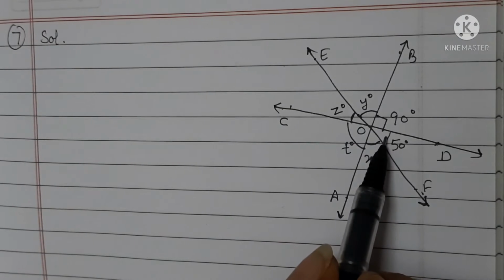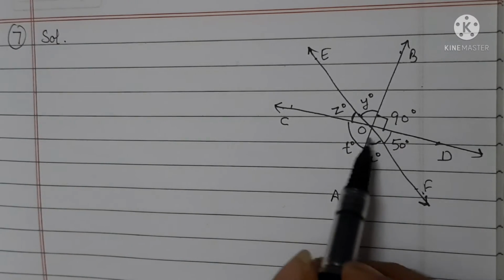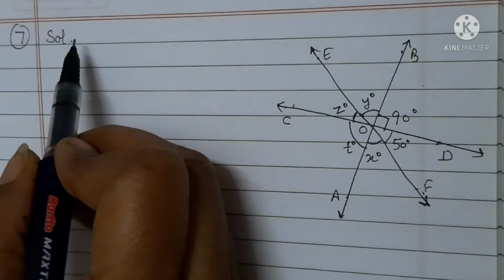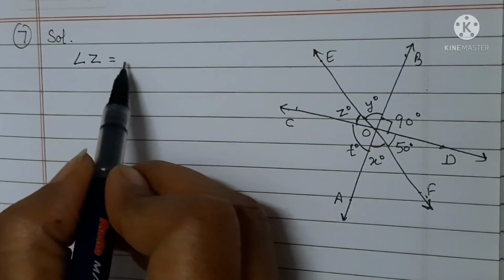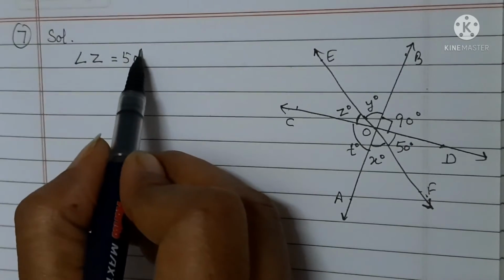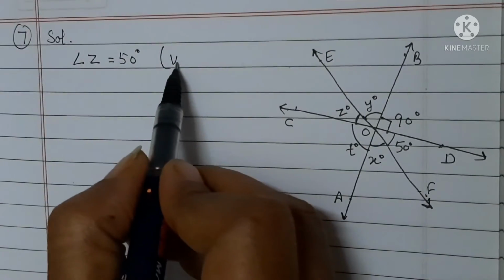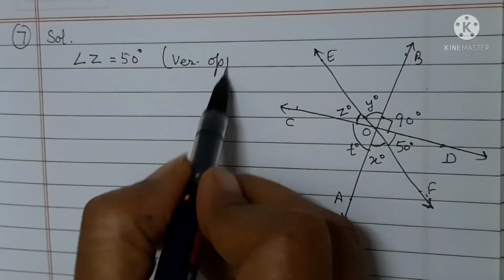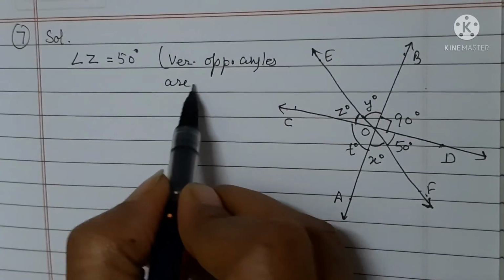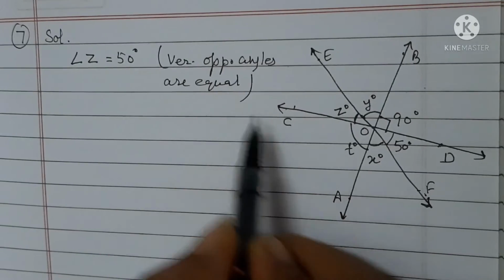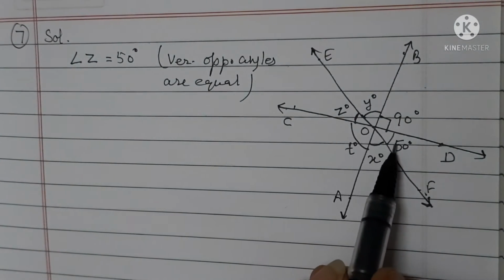So you can write angle Z is equal to 50 degrees. Vertically opposite angles are equal. This is the first angle.